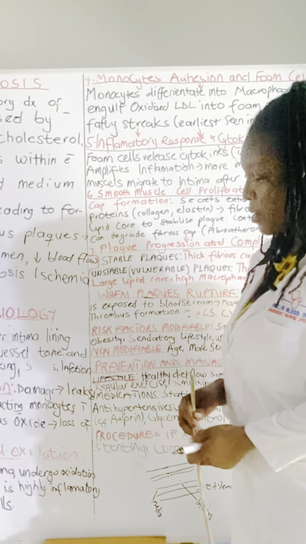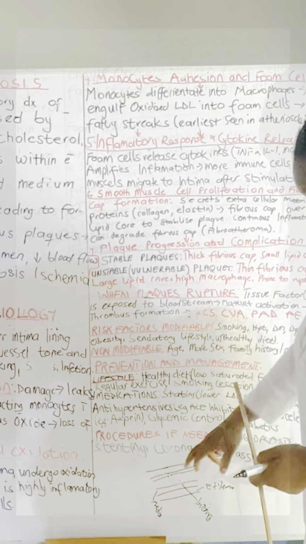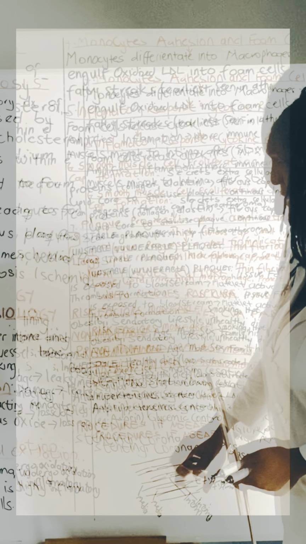Now, the damage that has already been caused here is going to cause what we call LDL, or the bad cholesterol. We have the good cholesterol, we have the bad cholesterol. Now the bad cholesterol, the LDL, will find its way into the intima because there is space here.